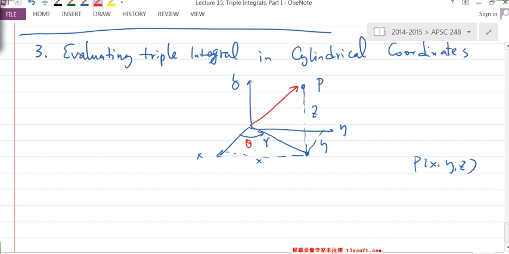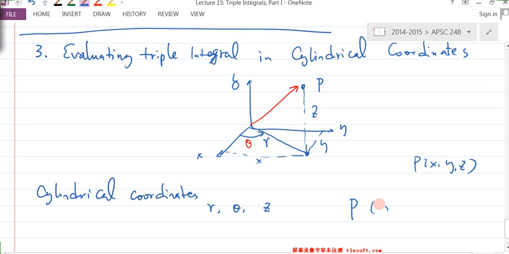A cylindrical coordinate is essentially a set of numbers r, theta, z. So in other words, OP has a certain r, a certain theta, a certain z value, and that gives you the same location as x, y, z.